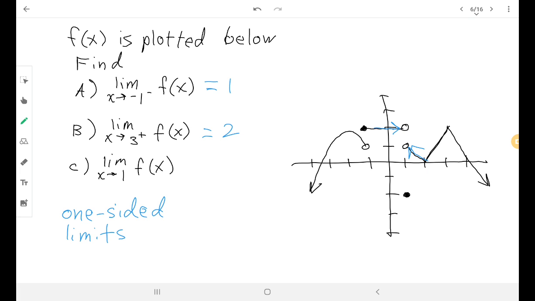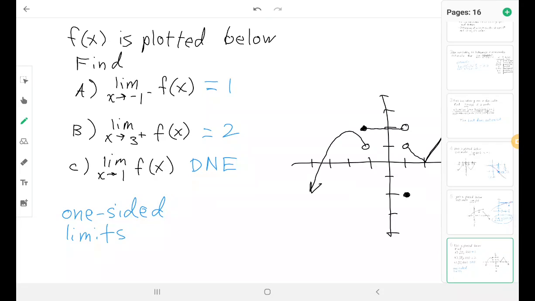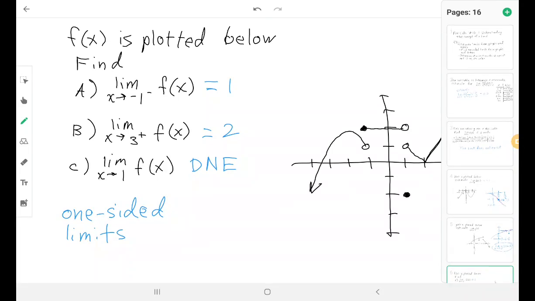So it should be pretty clear that in this case, the limit does not exist. And it is pretty typical notation to use DNE for does not exist. Okay? So I hope that helps with that sort of strange idea there.